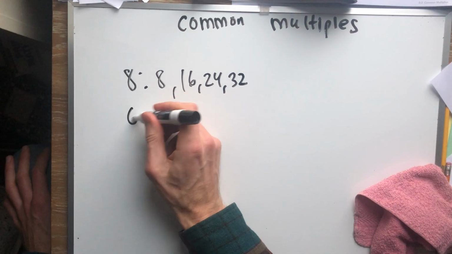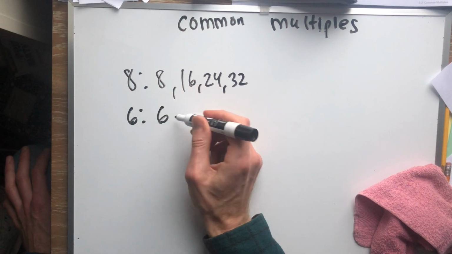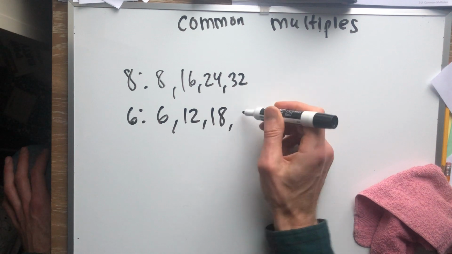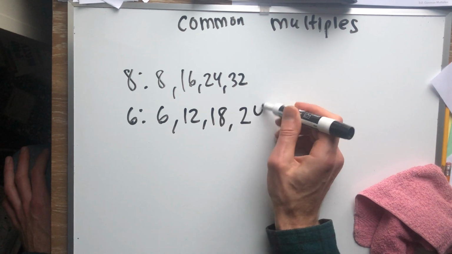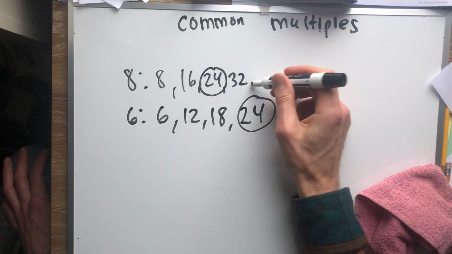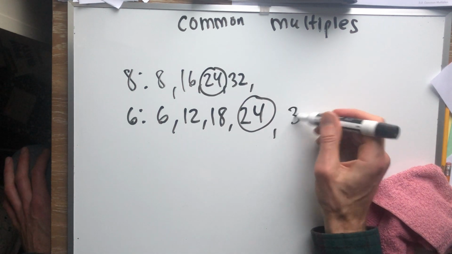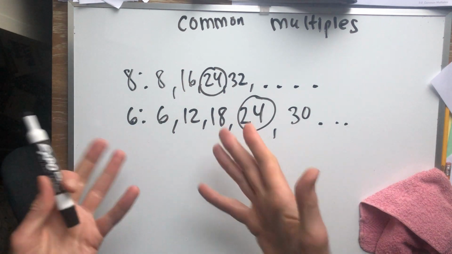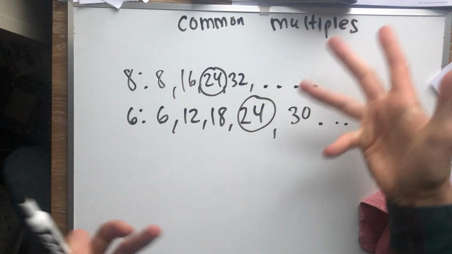So what that means is, oh, now I've got to find the multiples of 6 too. 6, 12, 18, 24. Oh, I just found one for you. 24. 30. Anyway, you're going to do the rest yourself, but that's how you do that. Find the common multiples. Which multiples do they have in common?